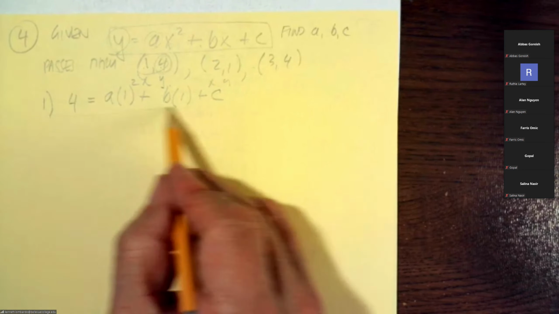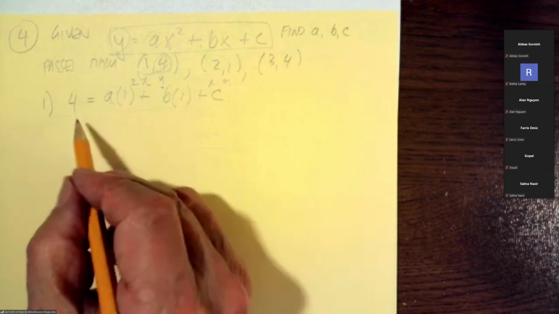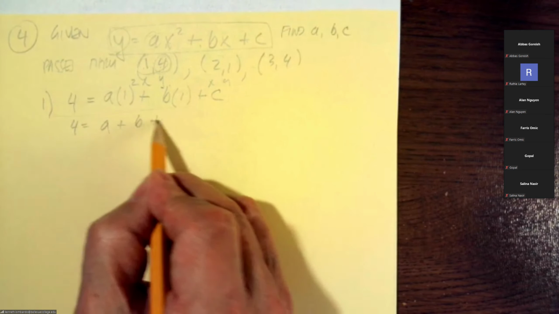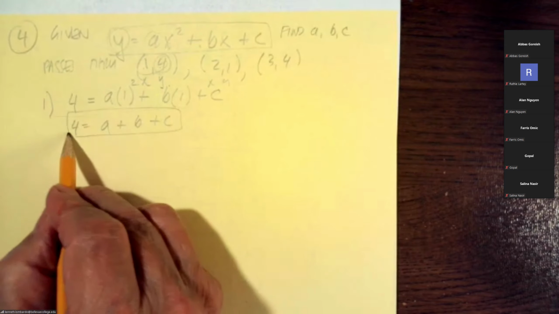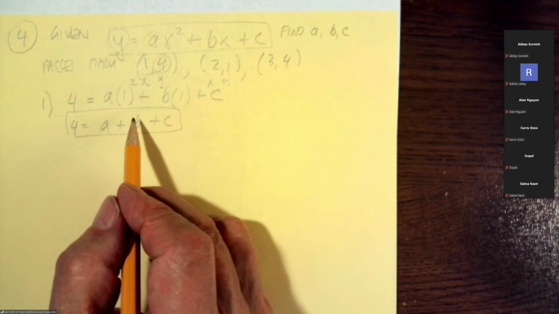So here we have an equation, one equation. Okay, everybody see how we got that? So we have 4 equals what? A plus b plus c. So that's an equation. And again, we're trying to solve for these 3.